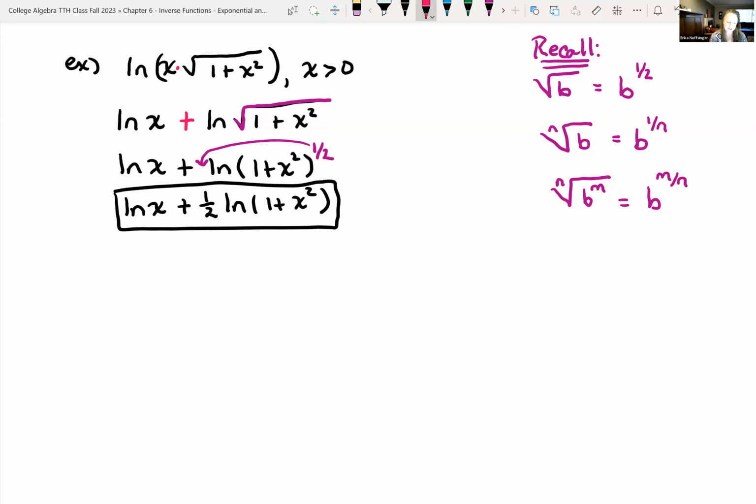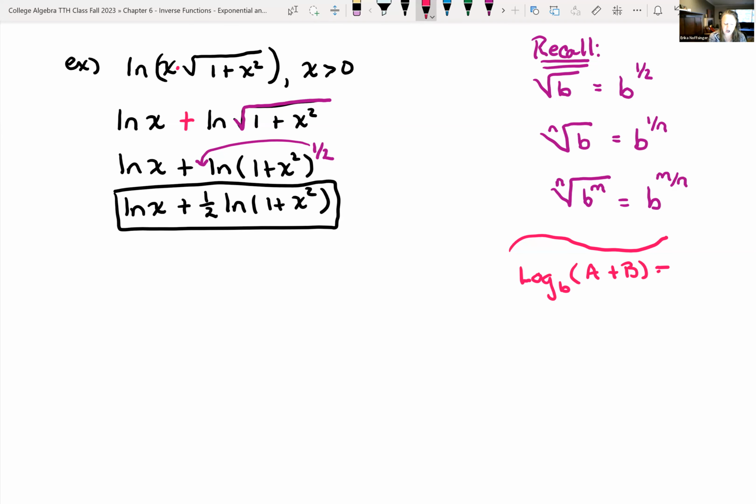A common error students like to make is if they see a log of any base and they see some sum in between in our argument, they want to distribute that log. But log is a function. It's not some coefficient or variable that we can distribute.